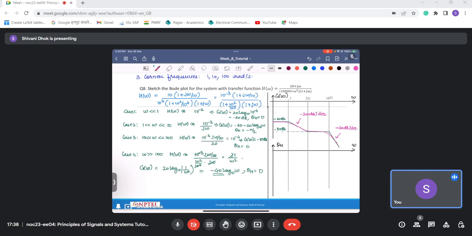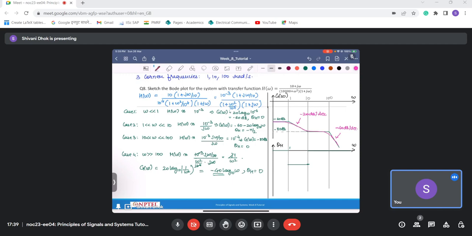Now let us look at how the angle will look. For everything till 1 it is 0, then it takes the value minus pi by 2, something like this. Then it takes the value 0 afterwards.